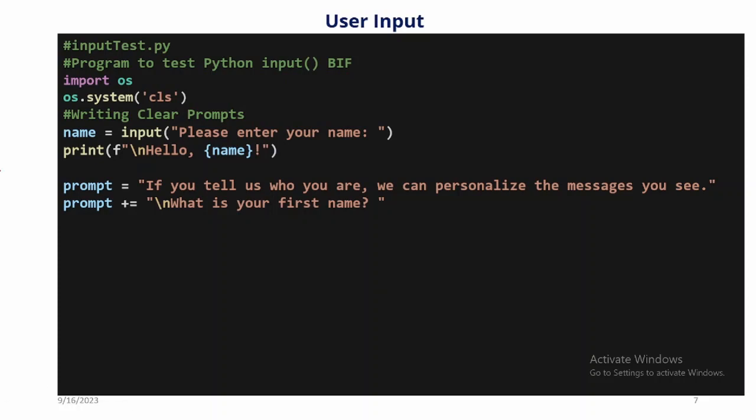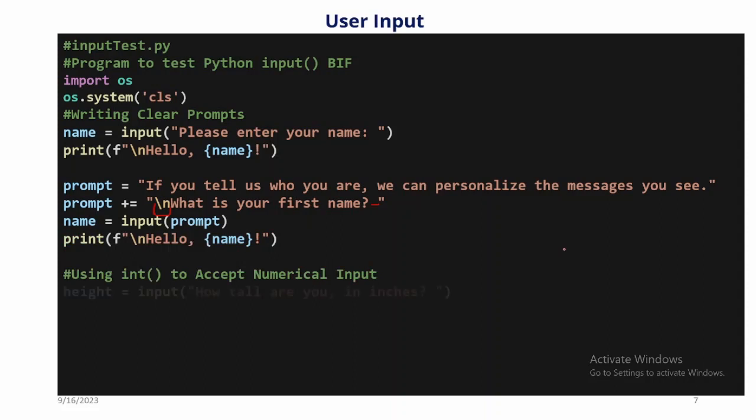Now take note that the continuation began on a new line, and there is also a space before the closing quote. And then you use the variable prompt in the input BIF. Using int to accept numerical input is something we have been doing. Height equals input, how tall are you in inches?